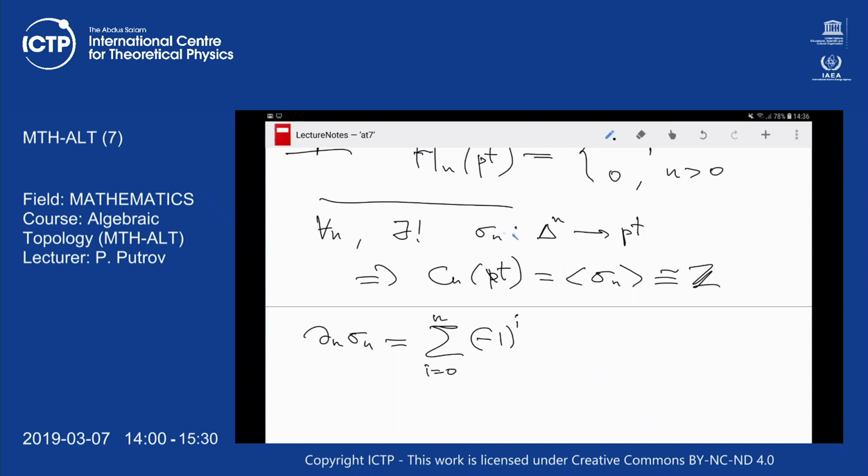But since there is only one map for n minus 1 as well, for any term in the sum the restriction of sigma n to its face will be sigma n minus 1. And so, since we can combine the coefficients, the result is sigma n minus 1 when n is even. The sum will be 1 if n is even, and the sum will be 0 when n is odd.